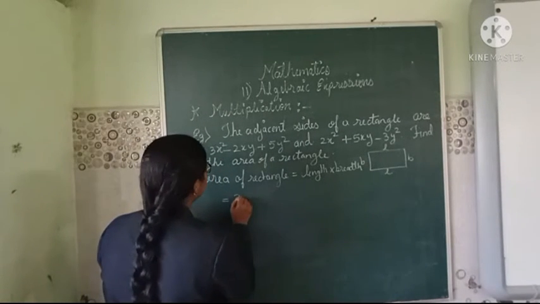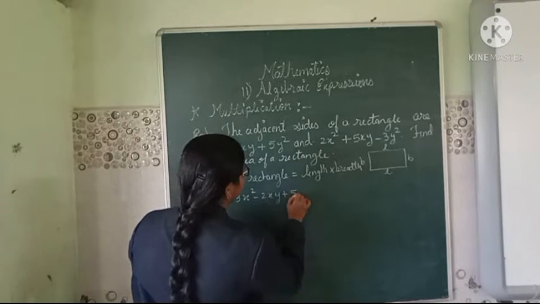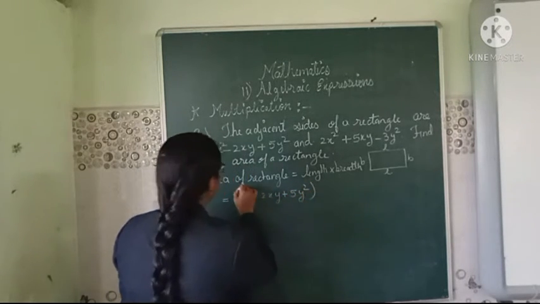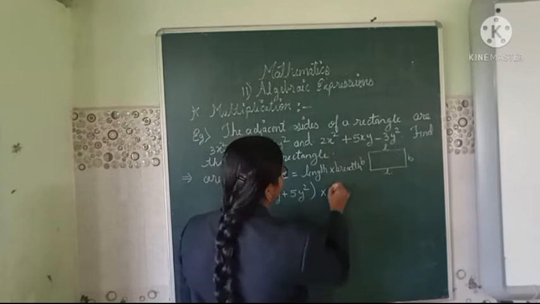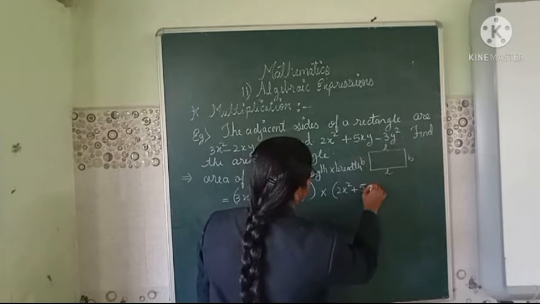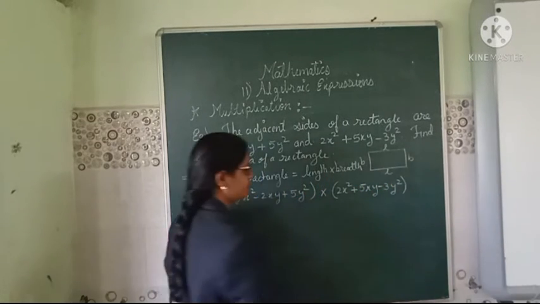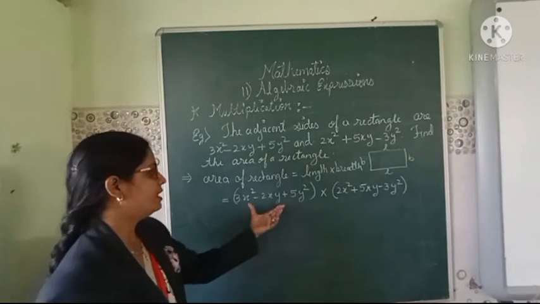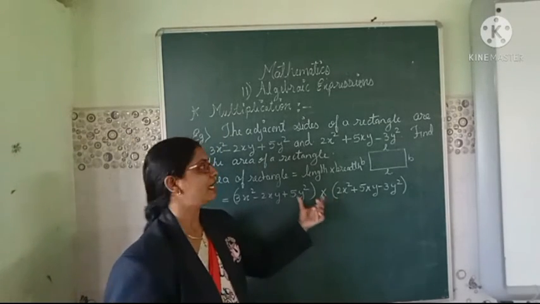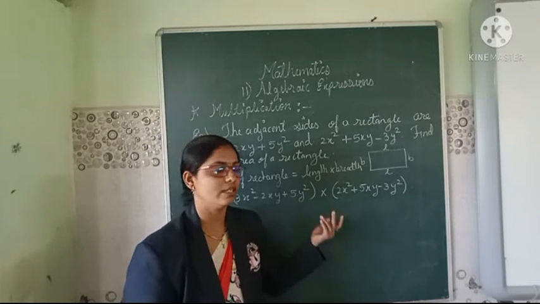That we will write: 3x square minus 2xy plus 5y square multiplied by 2x square plus 5xy minus 3y square. So we can find the area by multiplying the two adjacent sides, that is length into breadth. We can multiply and solve it.